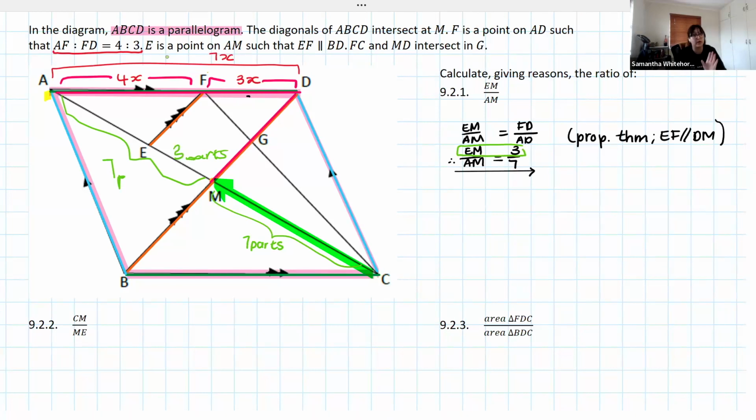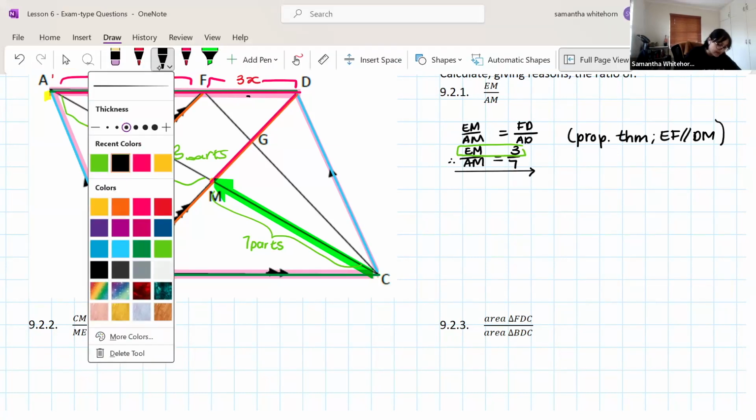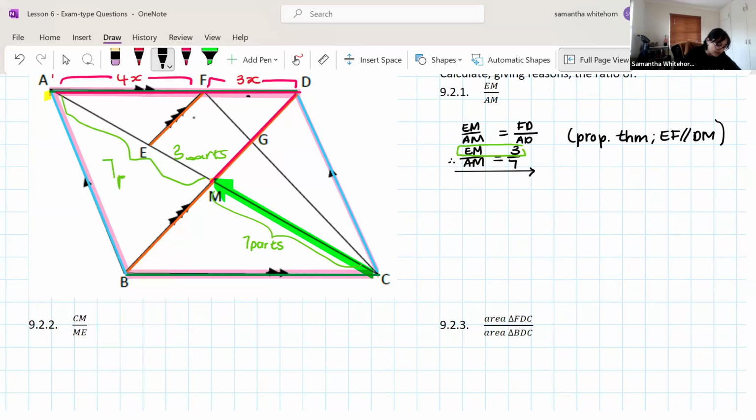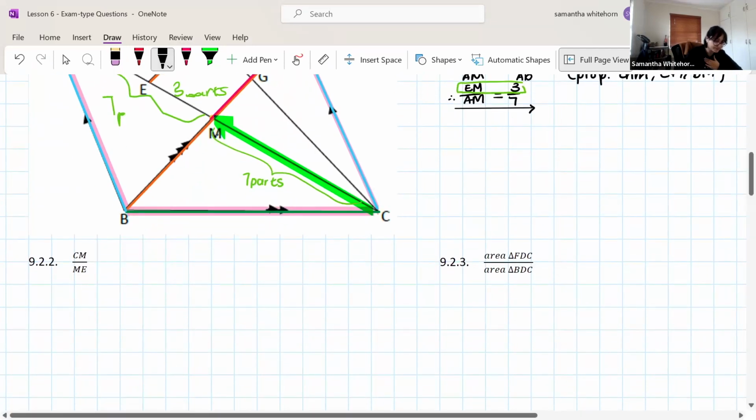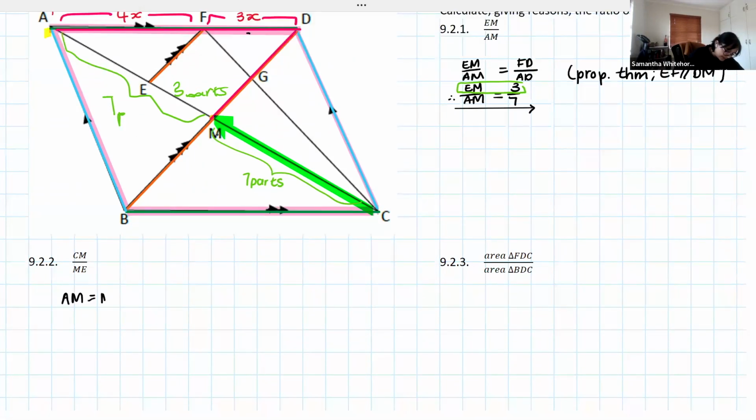3 parts. And we now know that MC is 7 parts. So we can use that information. And this is, again, where those properties of your quads is important. We can't just obviously go and say that. We need to give some reasoning for all of this. And the first thing I can state is that I know that AM is equal to MC because of diagonals of a parallelogram. And parallelogram, you can just write as palm.